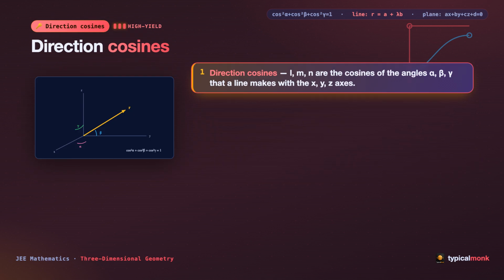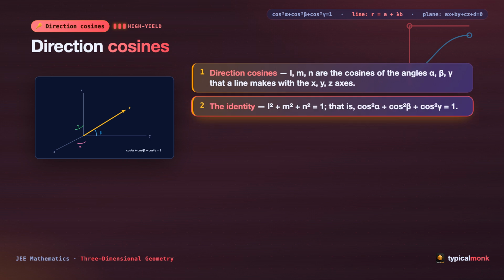Now look at the picture, a line in space and its direction cosines. Direction cosines, l, m, and n, are the cosines of the angles alpha, beta, and gamma that the line makes with the x, y, and z axes. The identity, l squared plus m squared plus n squared equals 1, that is cosine squared alpha plus cosine squared beta plus cosine squared gamma equals 1.